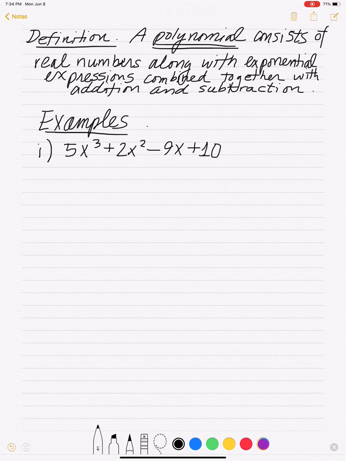This is a polynomial with 4 different terms. Your first term is this cube term, your second term is this square term, your third term is just this x term, and your fourth term is just an ordinary number. An ordinary number that stands alone without a variable is called a constant. So this is a polynomial with 4 terms.